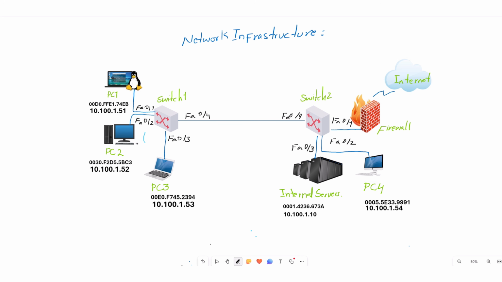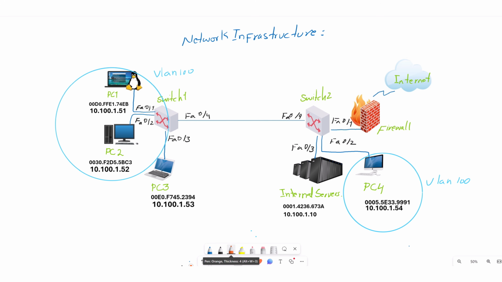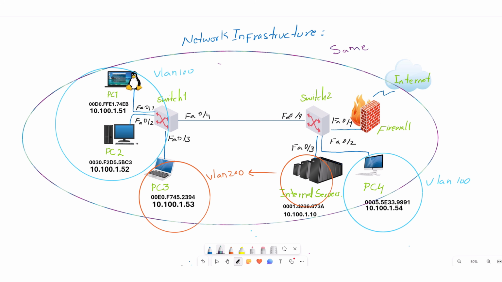Now we can separate these connected computers into 2 VLANs by separating the ports on each switch. We can move PC1, 2, and 4 into VLAN 100 and PC3 and the server into VLAN 200. Physically, they are in the same LAN, but logically, they will be separated into 2 different LANs, or VLANs.